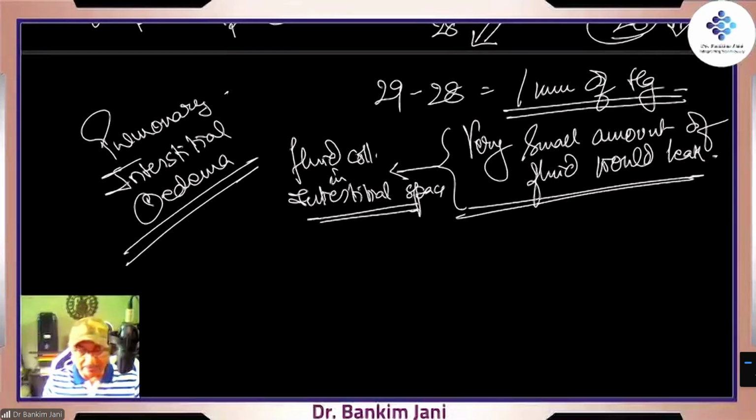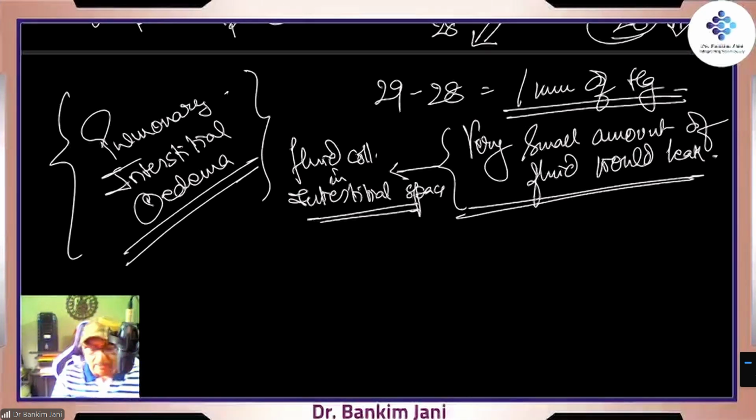So if this keeps on happening, collection of fluid into interstitial spaces, interstitial edema, that is fine. But if this fluid keeps on getting collected, gradually it will keep on mounting, and one day the breathing stops. So this should not occur. Even if it is less, it should not. So this fluid collection in interstitial space, by definition, we just call pulmonary interstitial edema, but it never occurs.